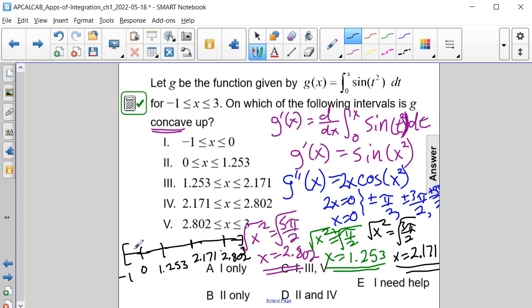And now let's substitute values in between our critical values into our second derivative and determine the concavity behavior of our function. So between -1 and 0, let's try -1/2.